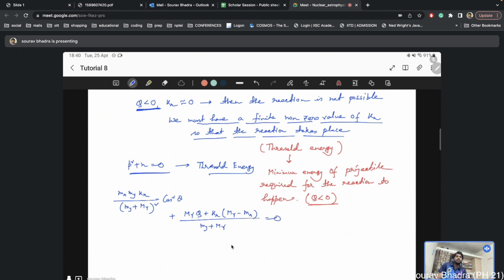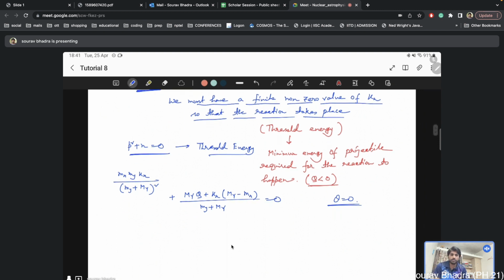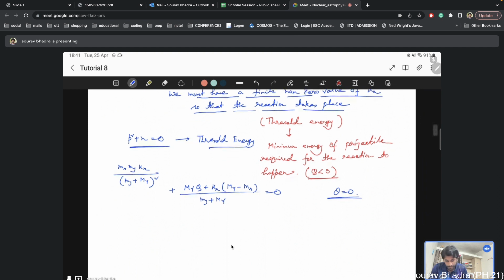So this is the condition of the threshold energy, and the minimum possible value of kx is at theta equals 0. So we will consider theta equals 0, which means the cos square theta term will not be there, because cos square 0 is 1. We are considering that the projectile is coming along the x-axis, so there is no angle for the projectile.